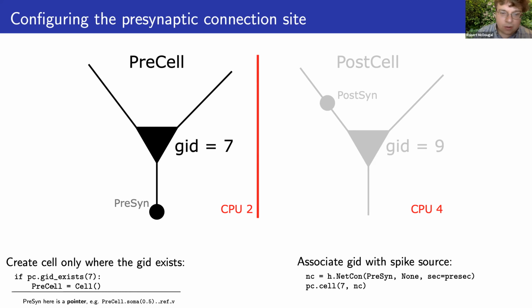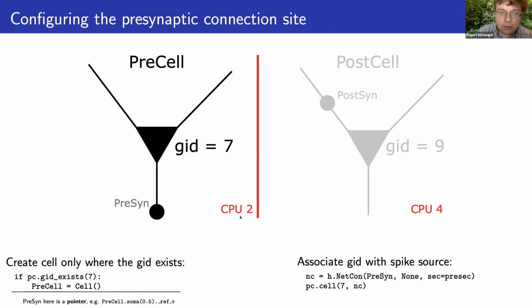You can actually have each cell register its existence with the parallel context, and we'll see this in a moment. So if node 2 knows it for other reasons, that's cool. And if not, you can ask the parallel context object, hey, do I have cell 7? And if so, go ahead and construct the cell.